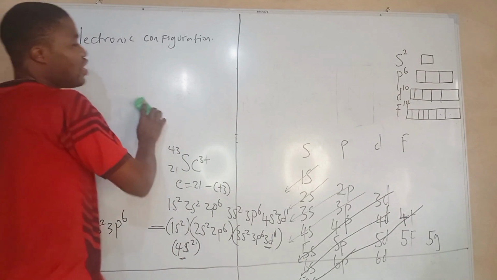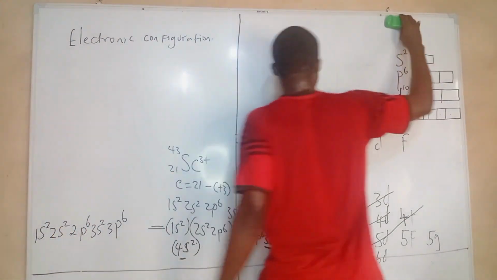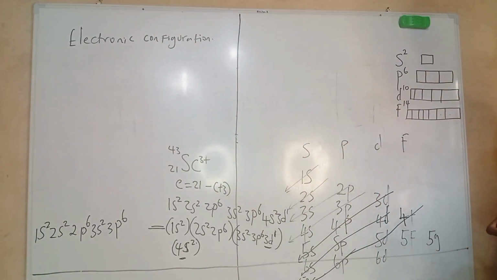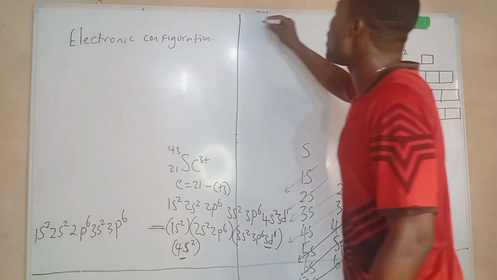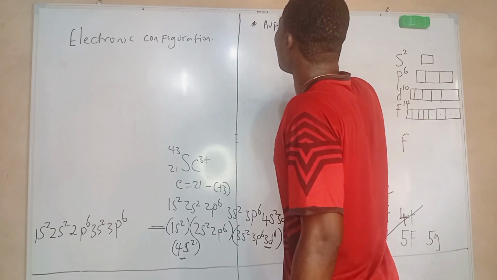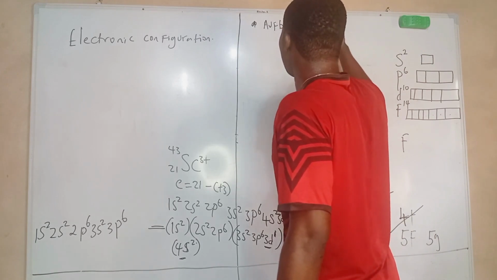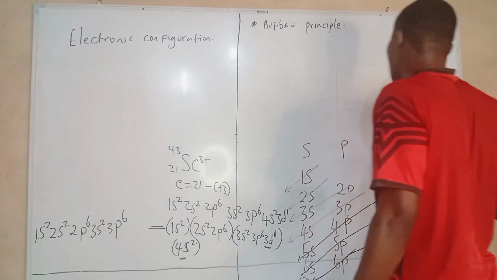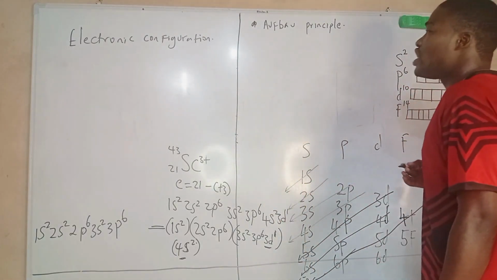Okay. Now let me show you how we feed these electrons into orbitals. When feeding electrons into orbitals, there are 3 rules we have to keep in mind. The first one is Aufbau principle.